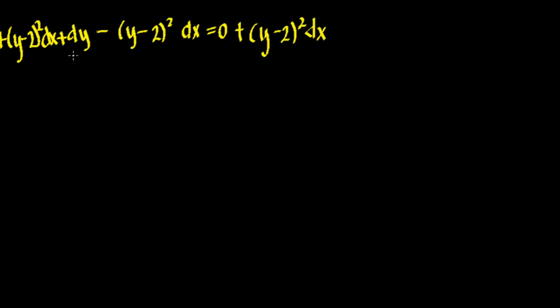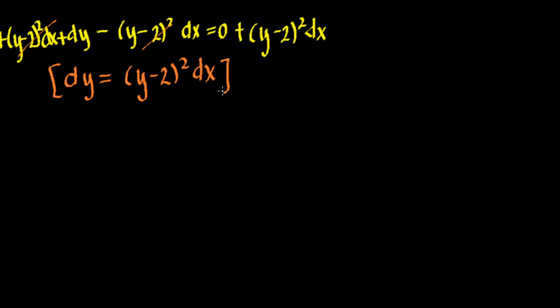So we now have, we can cancel this out here, and we have dy here is equal to this y minus 2 squared dx. Now to separate the variables, we'll have to multiply by 1 over y minus 2 squared.